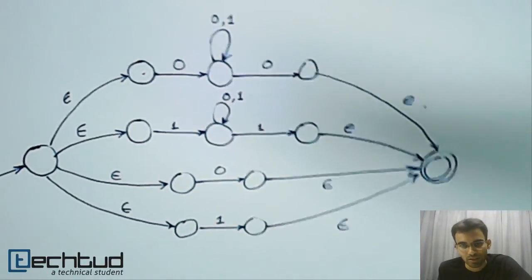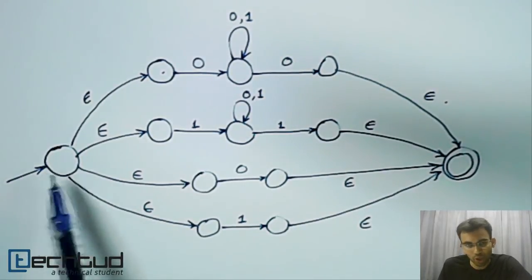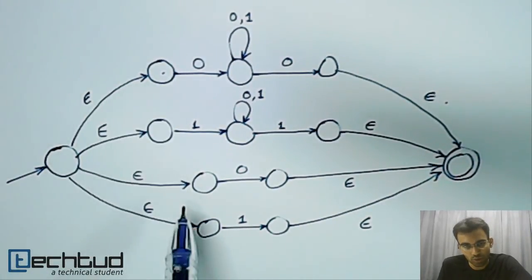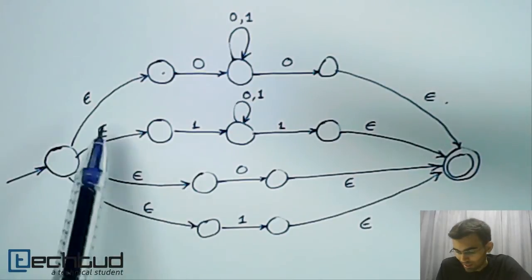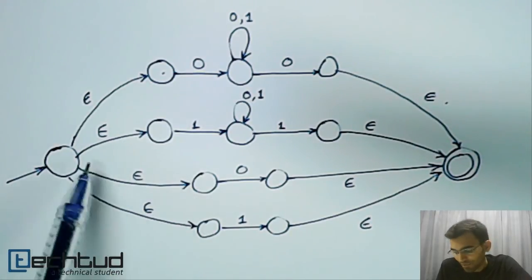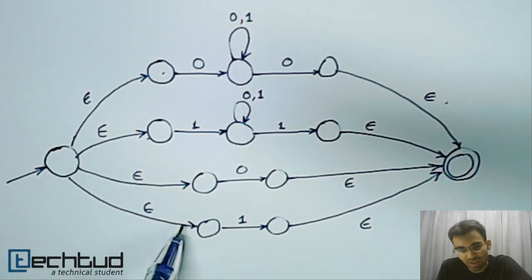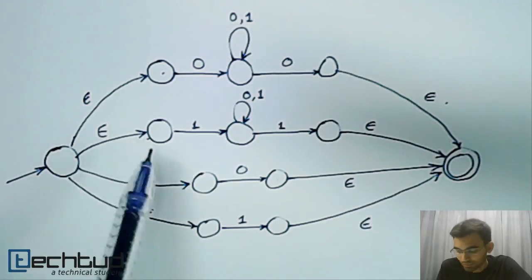Alright. So how will this automaton work? The automaton will non-deterministically choose to follow any of the 4 paths from the start state. If my first symbol is a 0, it can either follow this path or this path. If it follows any of these 2 paths, it will immediately get rejected because neither of the states has a transition on a 0.